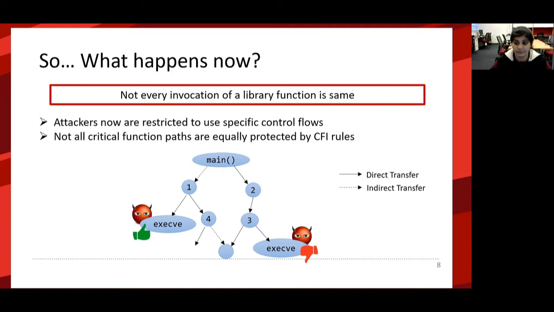An attacker can use some vulnerability within this application, and because of the lack of fine-grained CFI rules, they can reach this function. So what I'm trying to explain is, although they are the same function execv at two different call sites, the left one is more likely to be used by an attacker than the right one. Specialization policies like ours find it important to protect one over the other.